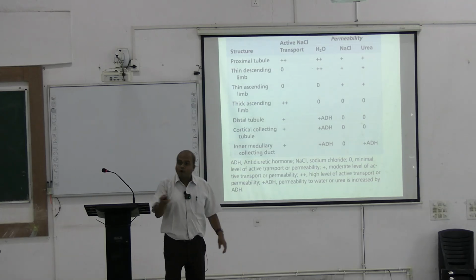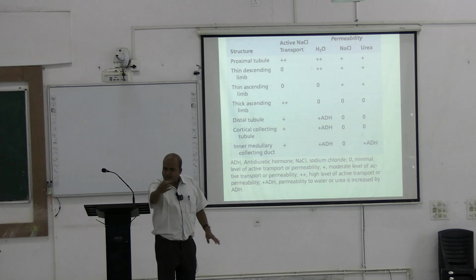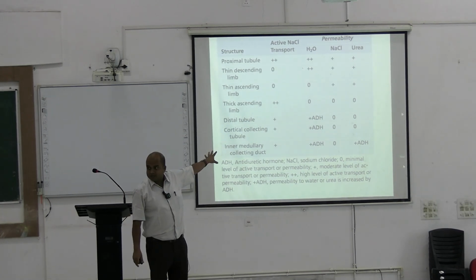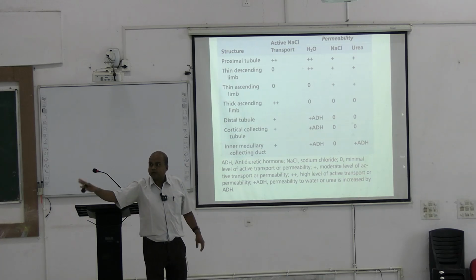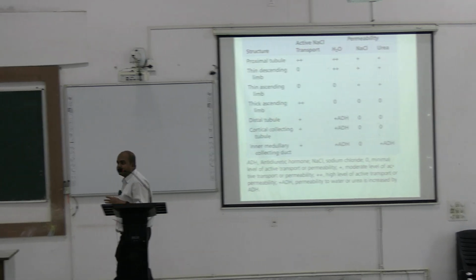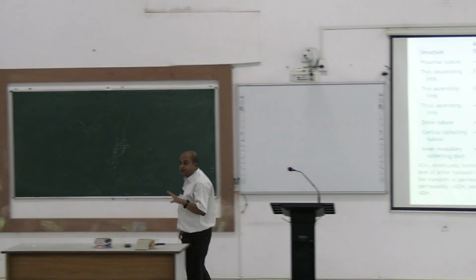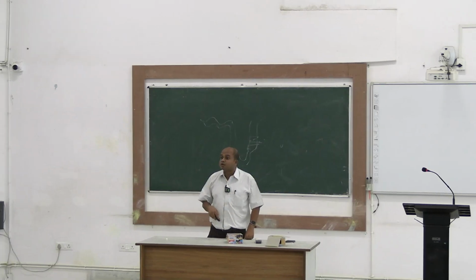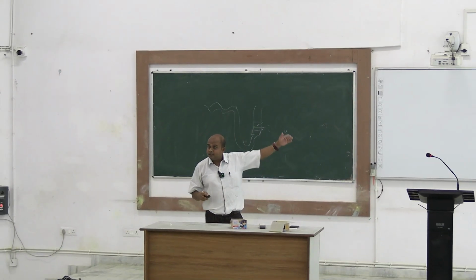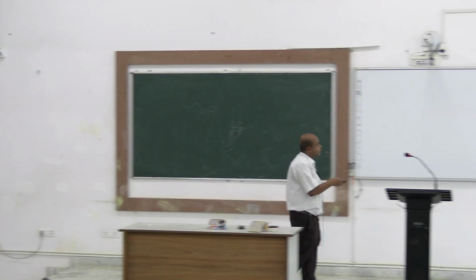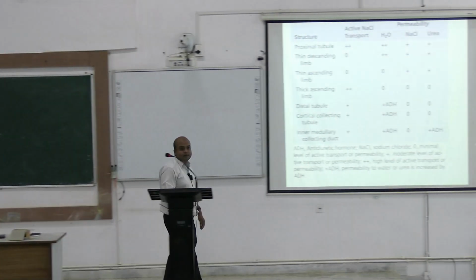ADH helps to absorb water right from the later parts of the distal tubule, and if ADH is not there, then whatever water reaches the distal tubule will go out. So only when the body gives the homeostatic signal that ADH has to be secreted, because the body needs to conserve water, will water be reabsorbed in the later parts of this tubule, that is the distal tubule, cortical collecting tubule, and inner medullary collecting duct.